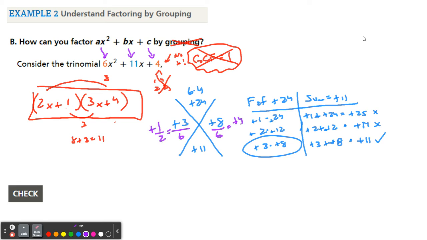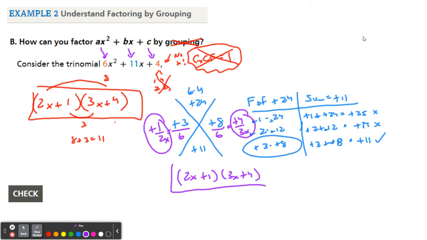This becomes positive 4/3. The x goes with the bottom number for the parentheses. So this is going to be a parenthesis 2x plus 1, and this is going to be a parenthesis 3x plus 4. So you're good there.